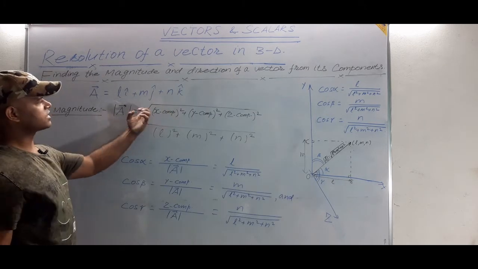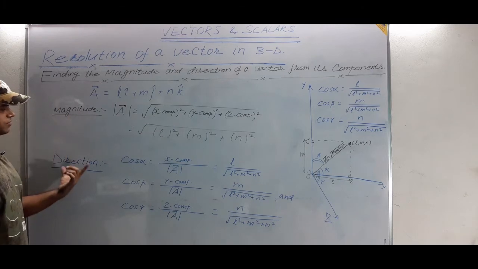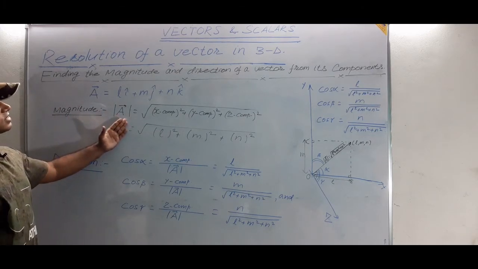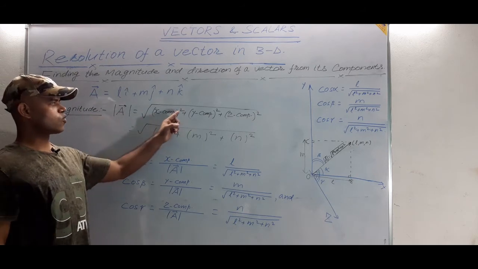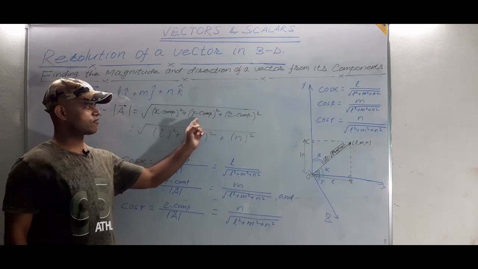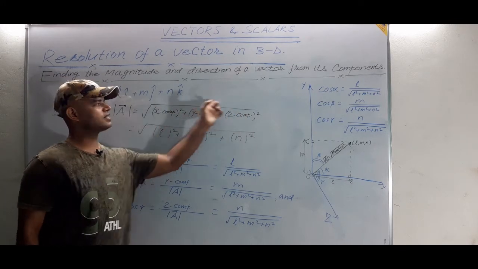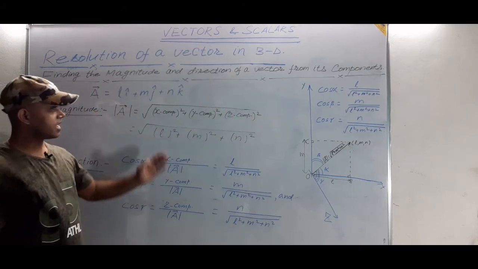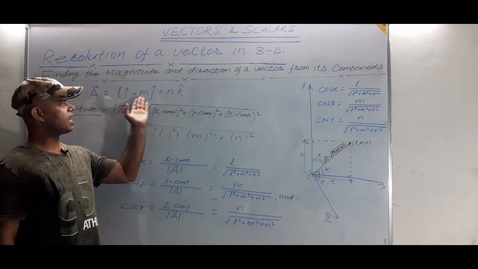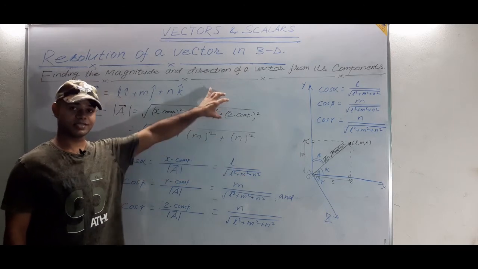If a vector is given in its component form, we can calculate its magnitude as well as direction. How do we find the magnitude? Simply by adding the squares of the components: the square of the x component, the square of the y component, the square of the z component. Add them and then take the square root. Here the x, y and z components are L, M, N. That's why it is root of L square plus M square plus N square. Got it? So this is the magnitude.